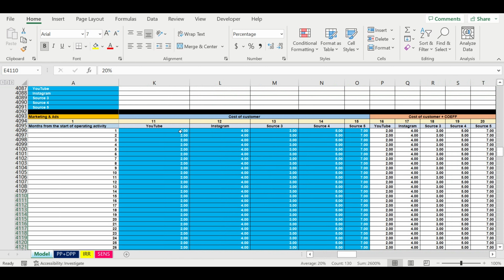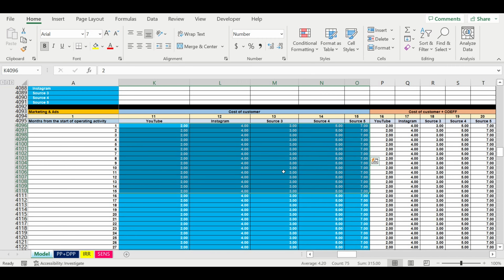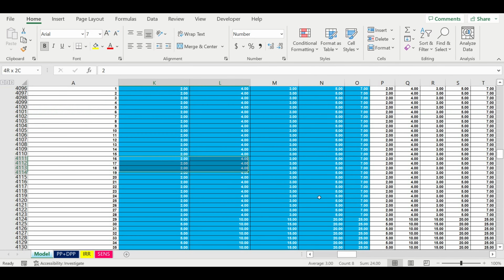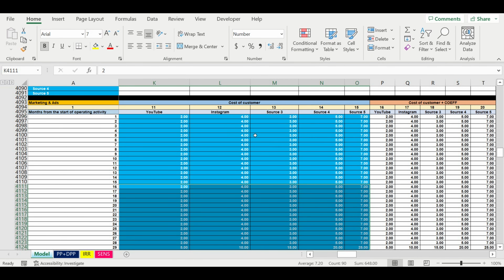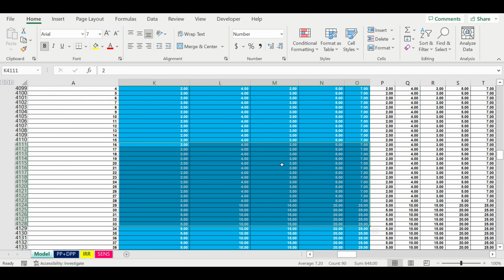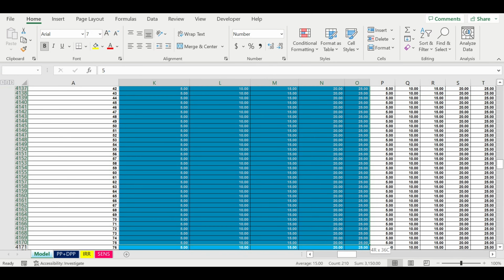Then we specify the cost of one customer from this or that source. For example, at the beginning, the cost of one customer will be 1. Then after some period of time, the cost of one customer from this or that source can change, and here we can specify if these values will change.